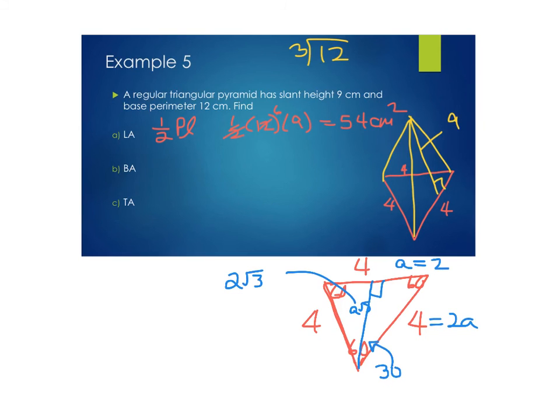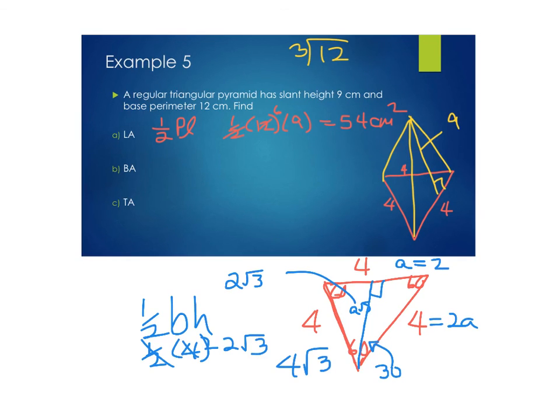So to find the base area, I'm going to do 1/2 base times height. So 1/2, 4 times 2 square root 3. I could simplify here, make this a 2. So the total base area is 4 square root 3.